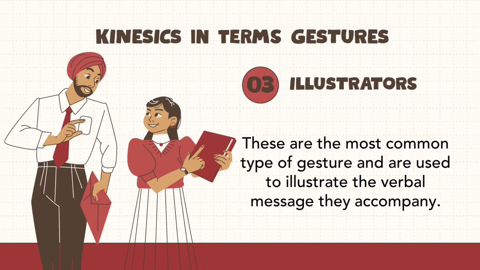The third category, illustrators. These are the most common type of gesture and are used to illustrate the verbal message they accompany. For example, you might use hand gestures to indicate the size or shape of an object. Unlike emblems, illustrators do not typically have meaning on their own.